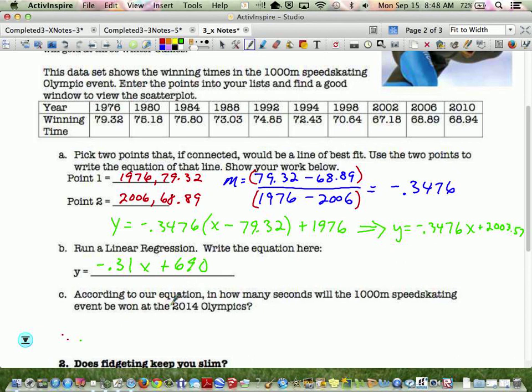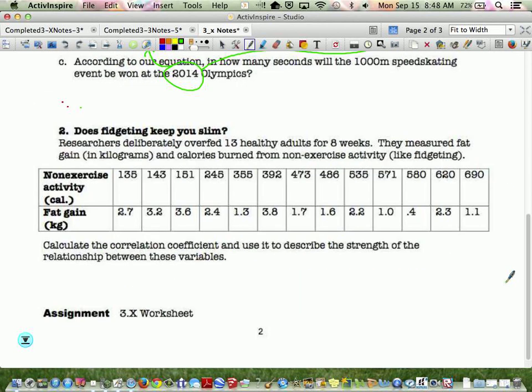So take 2014, put it here, or put it there. Last problem you guys can work on your own, and I'm going to hand out the 3x worksheet.